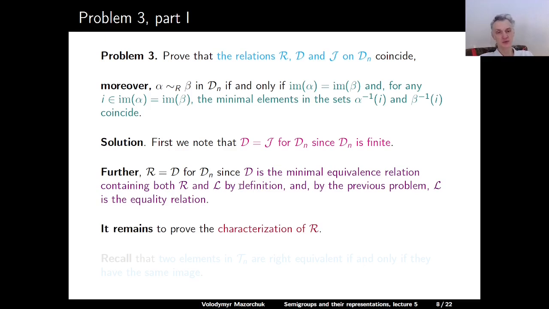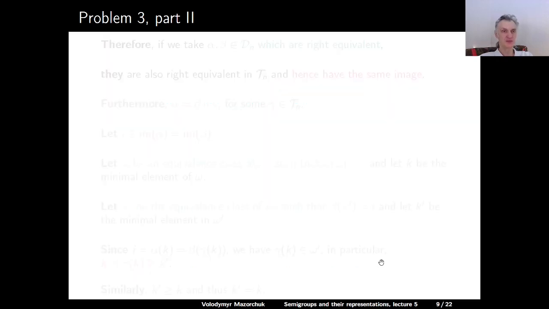So it remains to prove our characterization of the right relation: two elements are right related if and only if their images are the same, and for any element I in this common image, the minimal elements in the preimage of I under both alpha and beta coincide. Recall that two elements in Tn are right equivalent if and only if they have the same image.